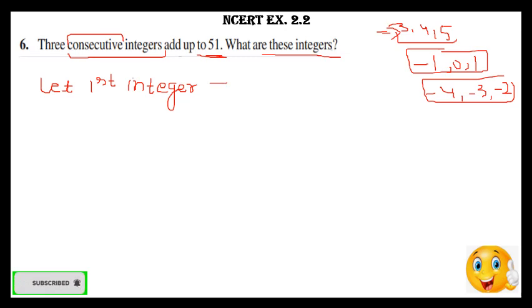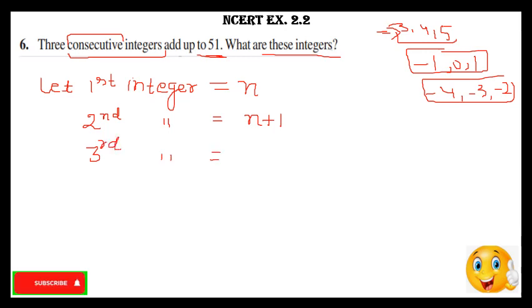First integer to be n, second integer will be 1 more than n, so it's n plus 1, and the third integer will be n plus 2. So these are the three consecutive integers: n, n plus 1, n plus 2.